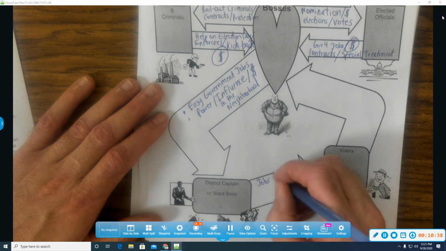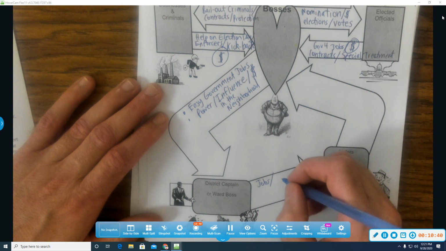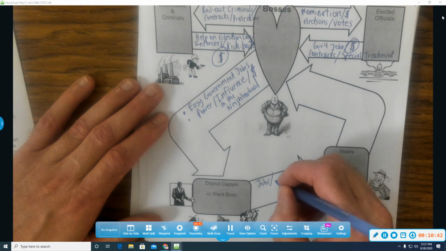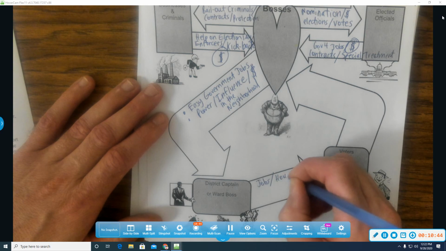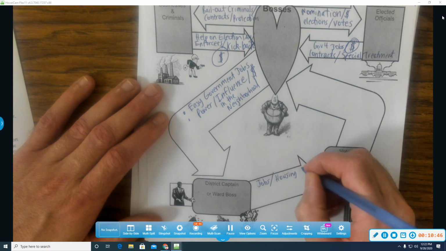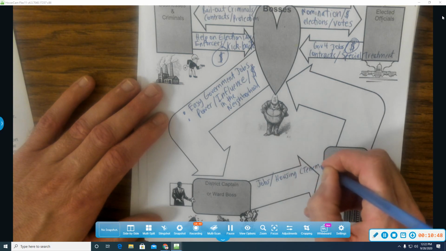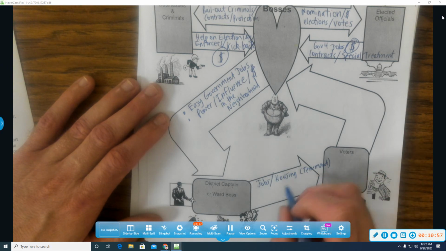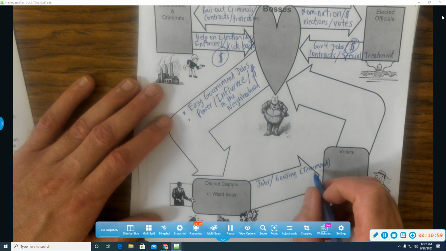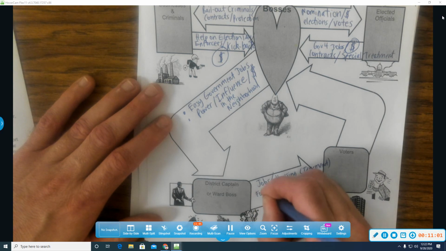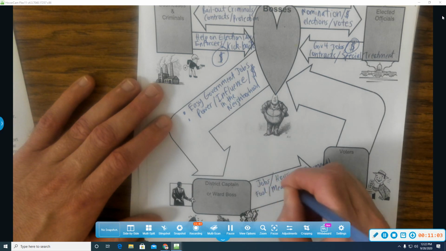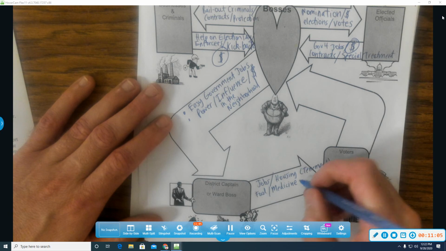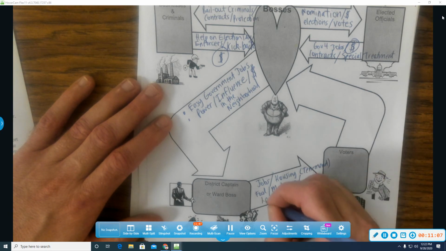Okay, so jobs, housing. What kind of housing? Remember, it's tenement housing. Those brick buildings that are a few stories tall, very crowded, small rooms. Provide them housing. Sometimes people need food, medicine, legal services.